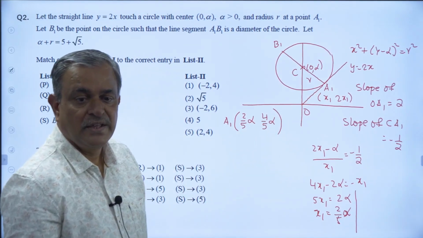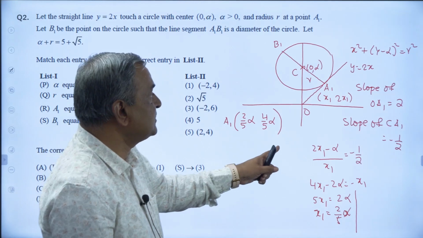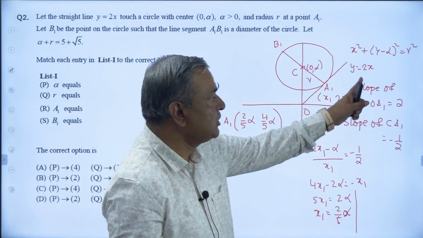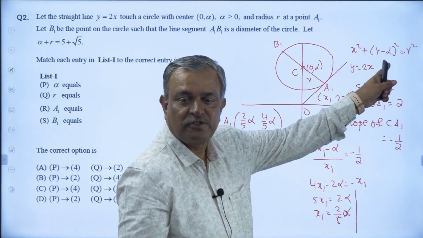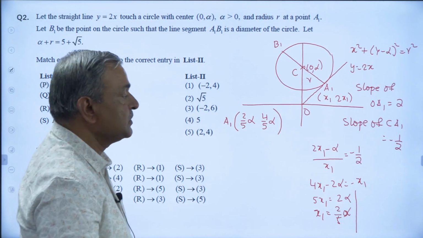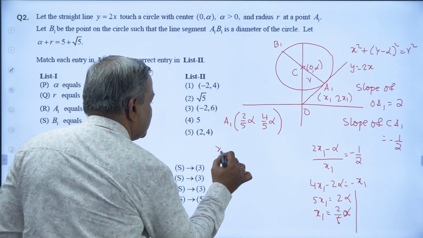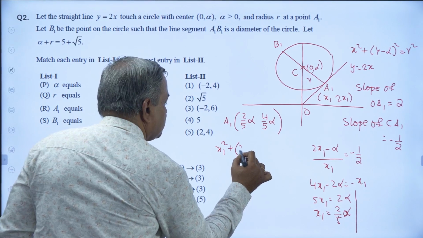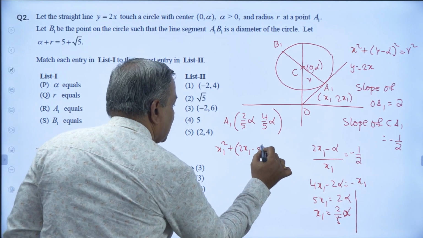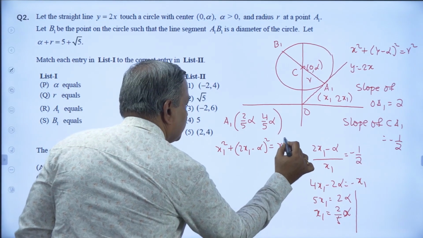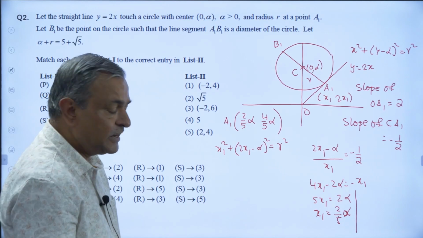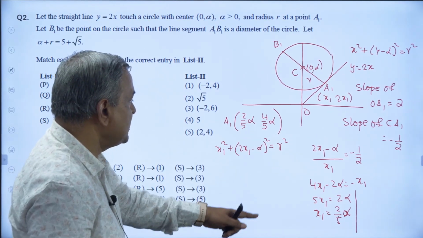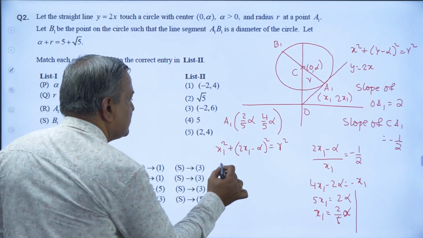Right? This circle passes through (x1, 2x1). So what happens? x1 square plus (2x1 minus alpha) whole square is equal to r square. But we know the x1 and 2x1 values.